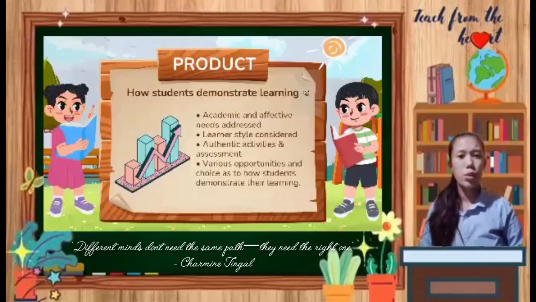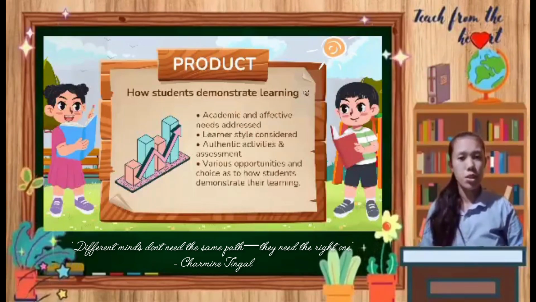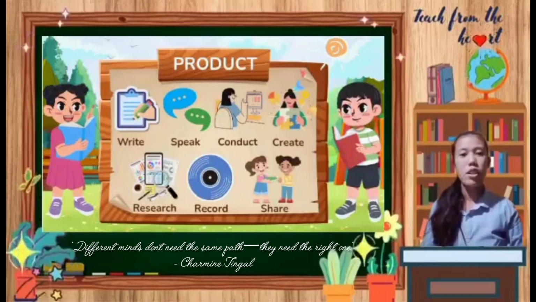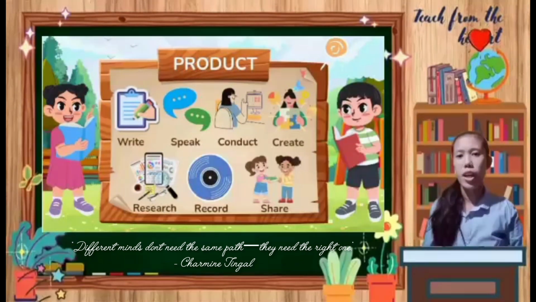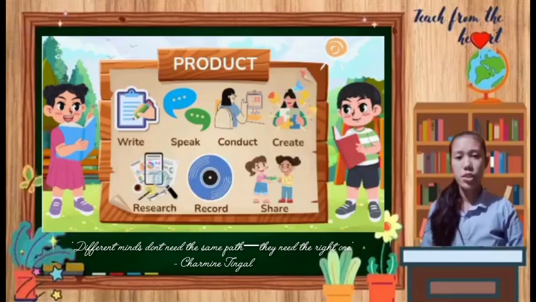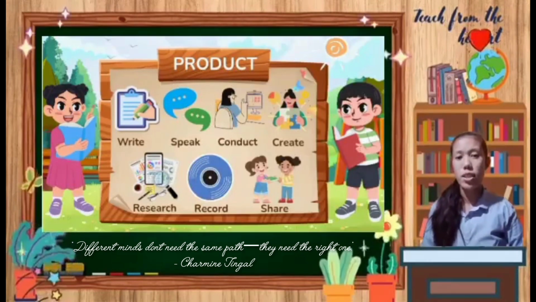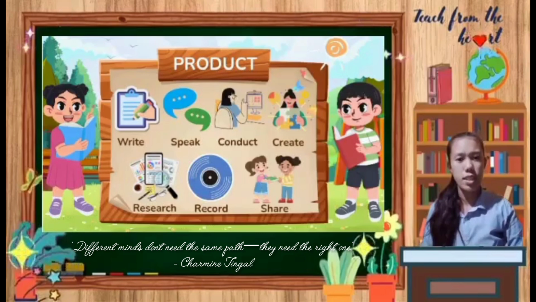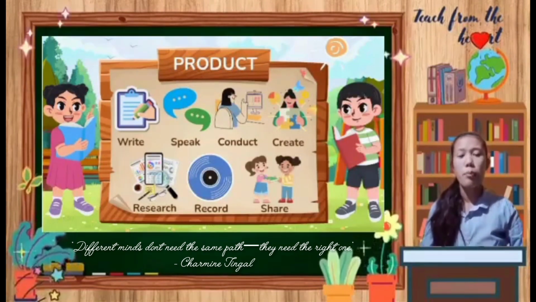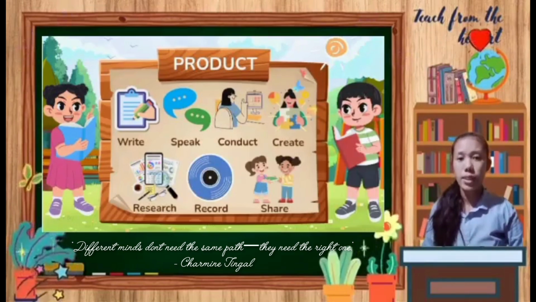Students are provided with various opportunities and choices. They might write essays, give speeches, conduct experiments, create visual projects, research topics, record videos, or share their learning through presentations or performances. This flexibility allows students to demonstrate mastery in ways that play to their strengths while still meeting learning goals.